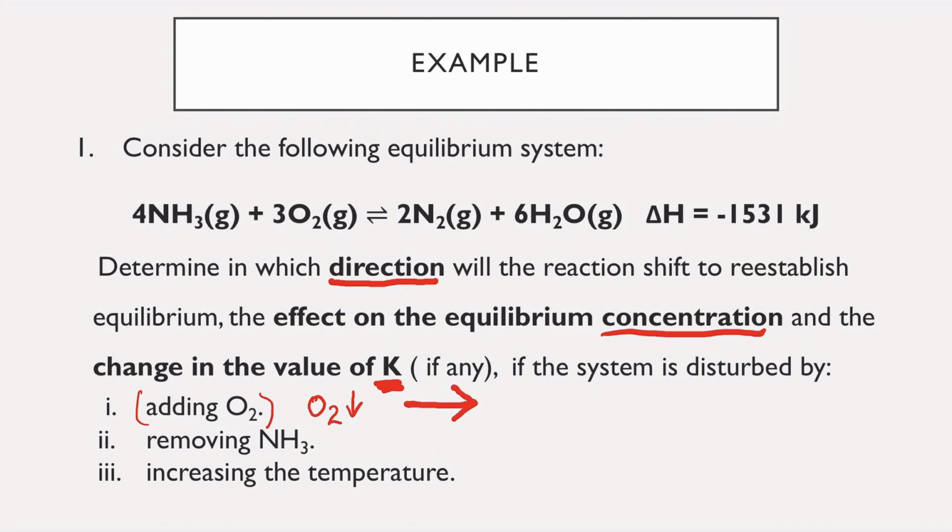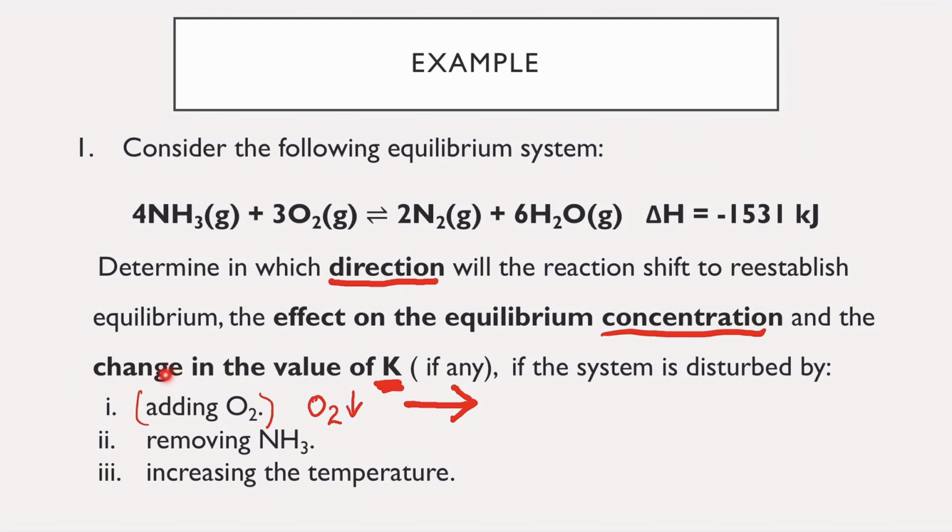Right? It wants to decrease it again. So, when you shift to the right, what will happen to the concentrations of your product and reactant? Mention them. When you shift to the right, your product concentration will increase, that is N2 and H2O. So, your reactants, NH3 and oxygen, will decrease. Okay? So, it will shift to the right until equilibrium is re-established.